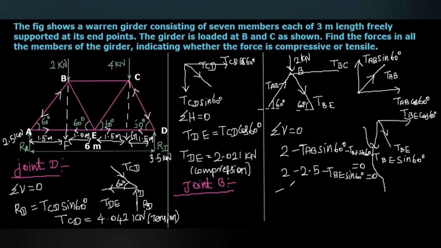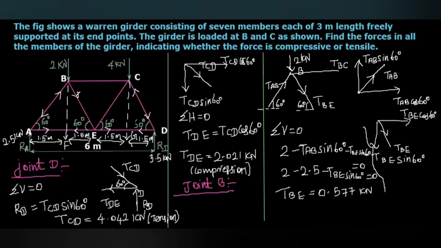If you simplify, we will get the value of TBE, that is the tension in the member BE, equal to 0.577 kilonewton.